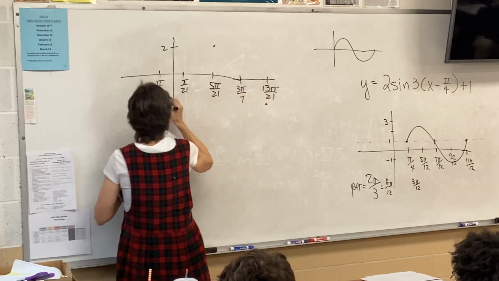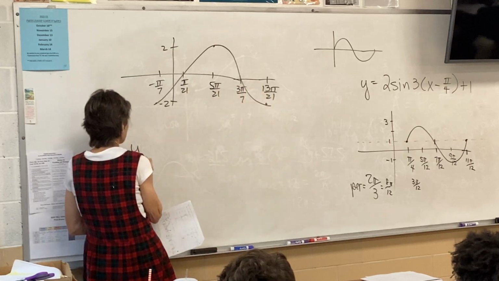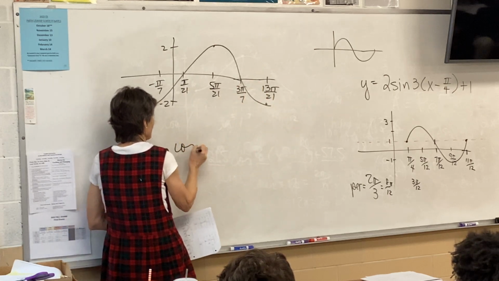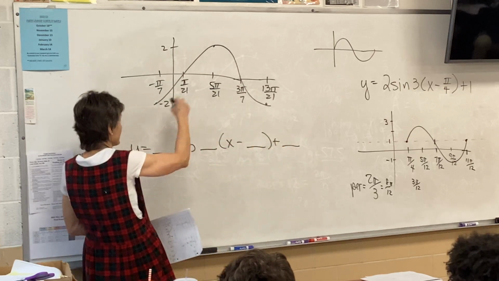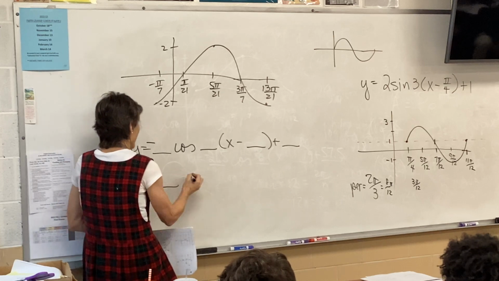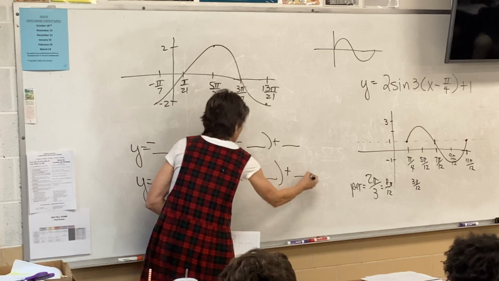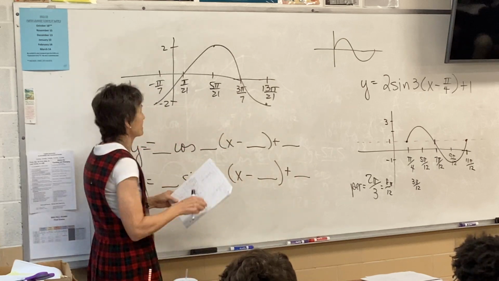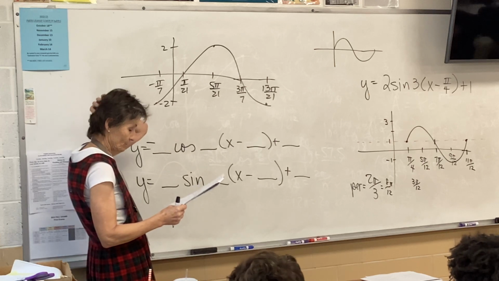So when I look at it, I immediately see a cosine. Do you? Isn't that another negative cosine shape? But it could also be a sine if I looked at a different piece of it. But let's get some of these numbers filled in first, and then we'll do the sine.